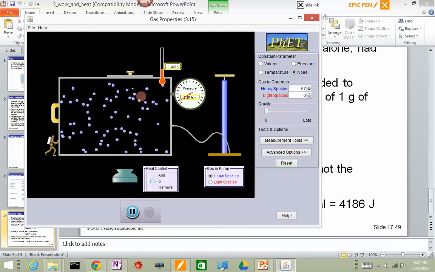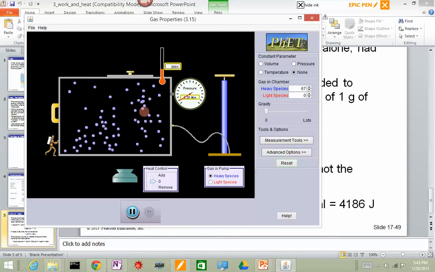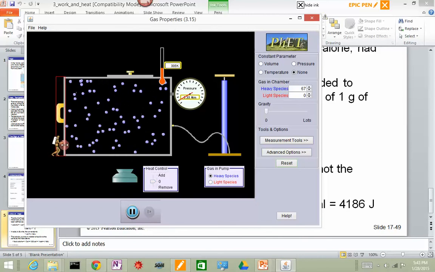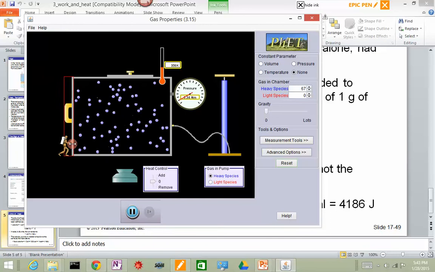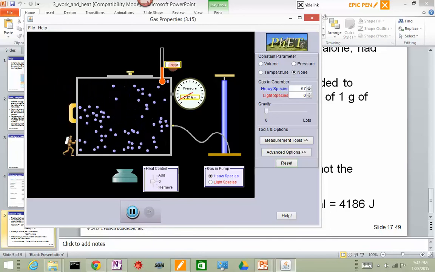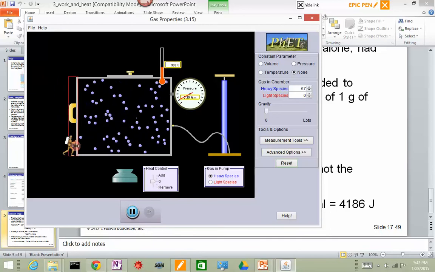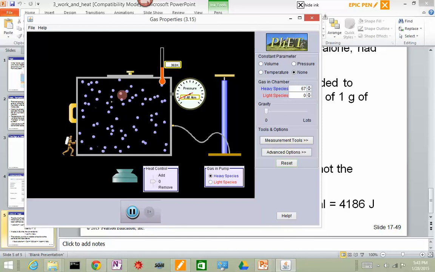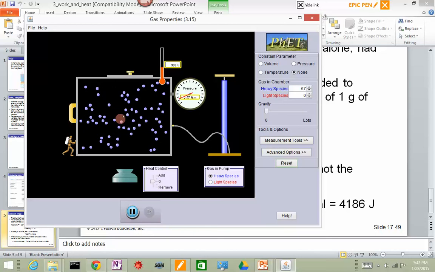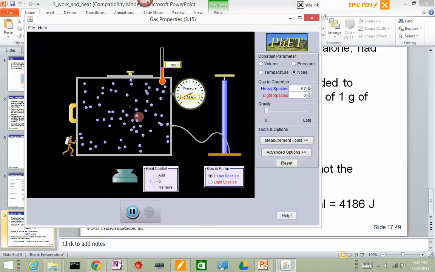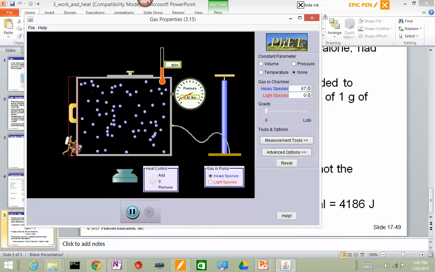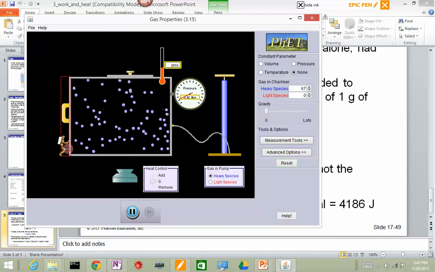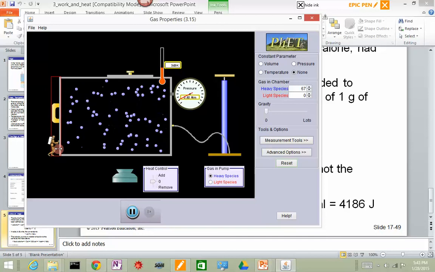So let's increase the energy of the system by doing work. I'm going to push and compress the system. When I do that, the energy is increasing. You can see that the temperature increases when I compress the system. Now, I'm going to decrease the energy of the system by doing work. The system has to push something, has to release energy by pushing something, so the system expands. When the system expands, you can see the energy decreases.